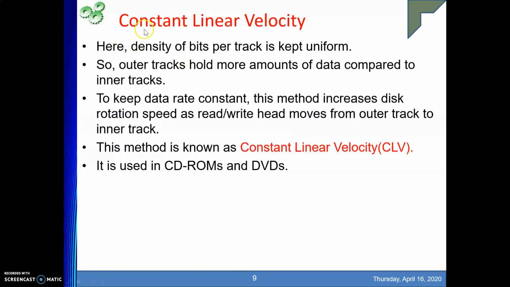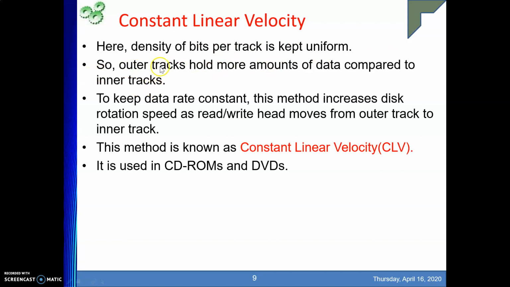Next, another important term, constant linear velocity. This concept is followed for CD-ROMs and DVDs. What it says is that the density of bits per track is kept uniform. To keep this density uniform, outer tracks will hold more data compared to inner tracks.